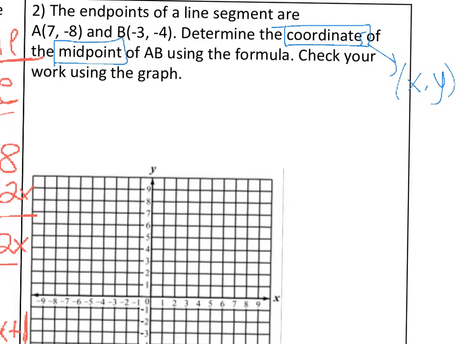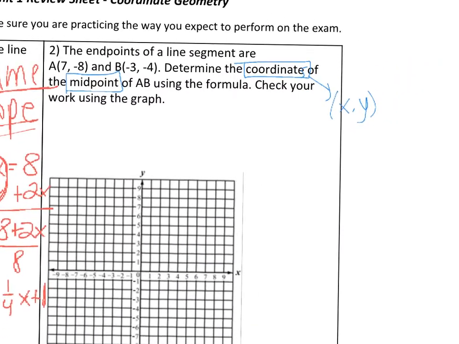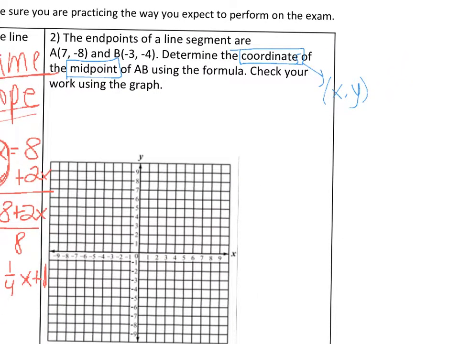So the first thing we should do when we are given these quantities that represent a place on the graph is plot them so that we can see and check our work. To plot the point A, I always start at the origin, and since the x coordinate tells me to go in the positive direction 7, I move to 7, and the y coordinate -8 tells us to go down 8 places.